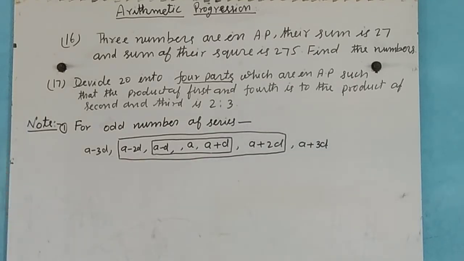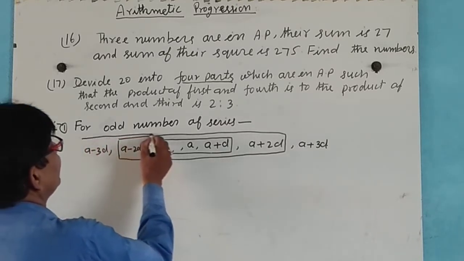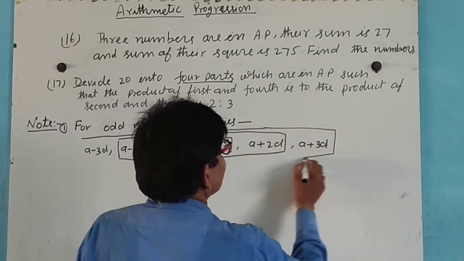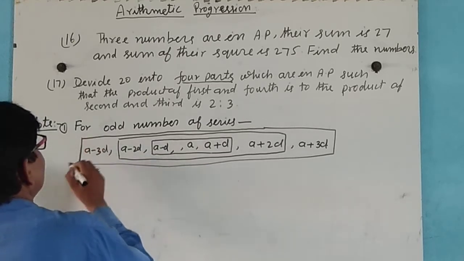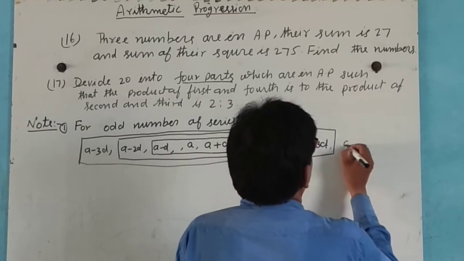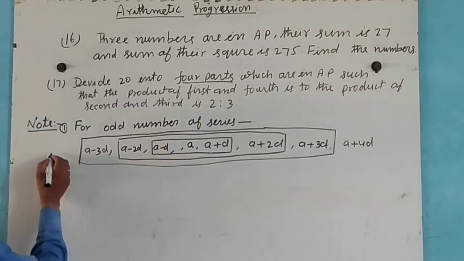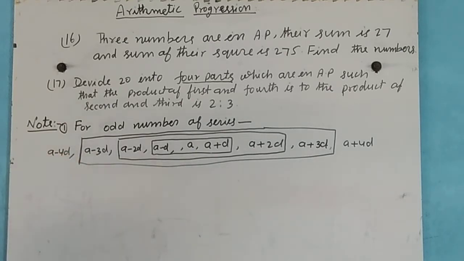In this case the common difference is also D. And if we choose 7 terms, then we choose these terms, a total of 7 terms. If we choose 9 terms, we add A plus 4D and A minus 4D, and so on.